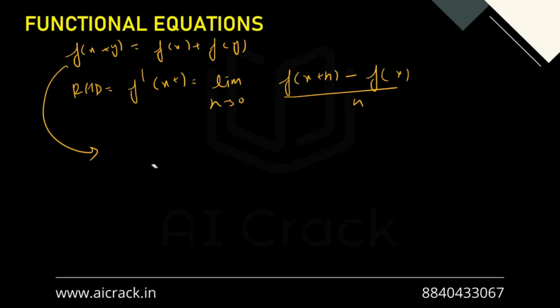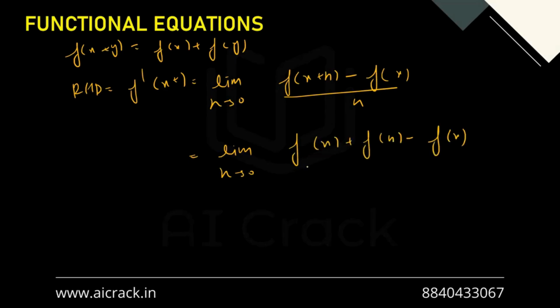So this becomes f of x plus h equals fx plus fh, right? So we'll be using this one over here. So this becomes limit h approaches 0 of fx plus fh minus fx divided by h. Now this and this get cancelled out. What we're left with is limit h approaches 0 of fh by h.